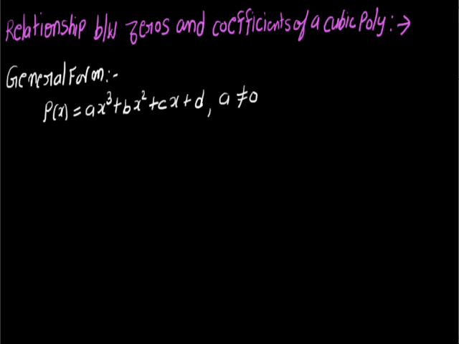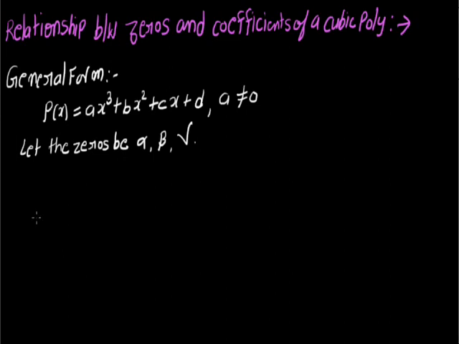Now let the zeros of this cubic polynomial be alpha, beta and gamma. Since alpha, beta, gamma are its zeros, then x minus alpha, x minus beta and x minus gamma will be the factors of this cubic polynomial.